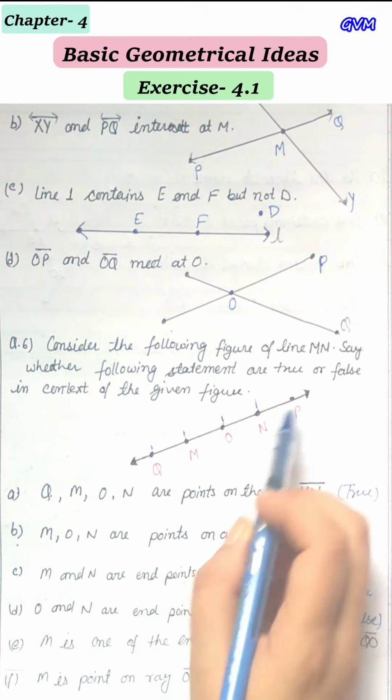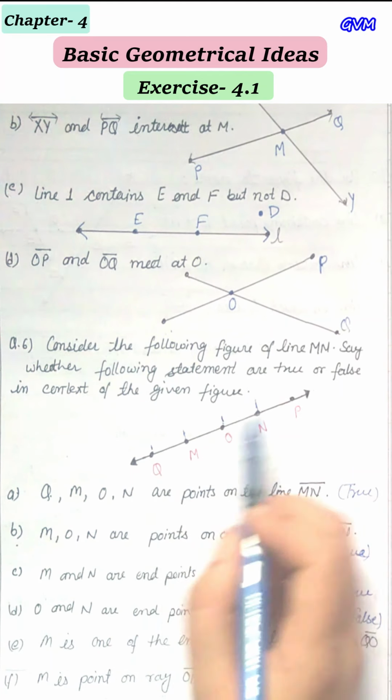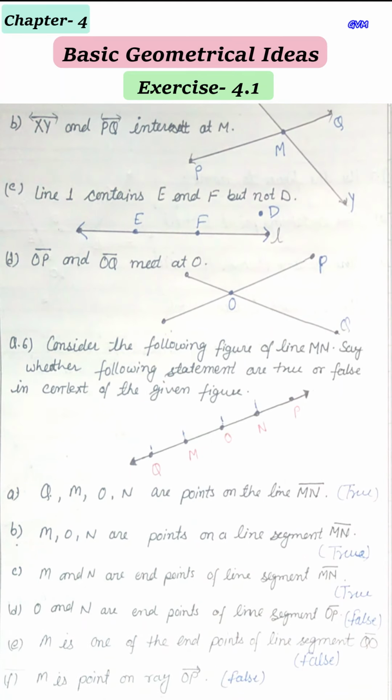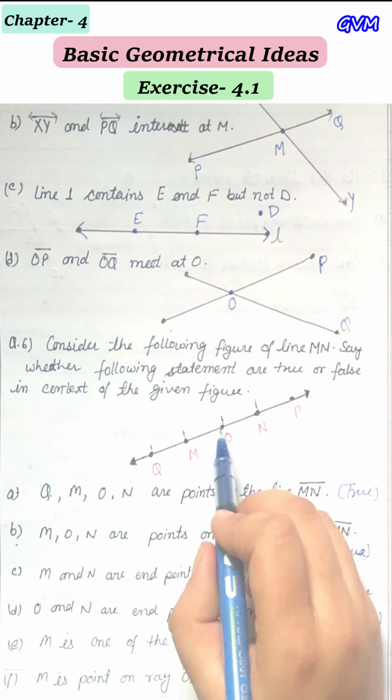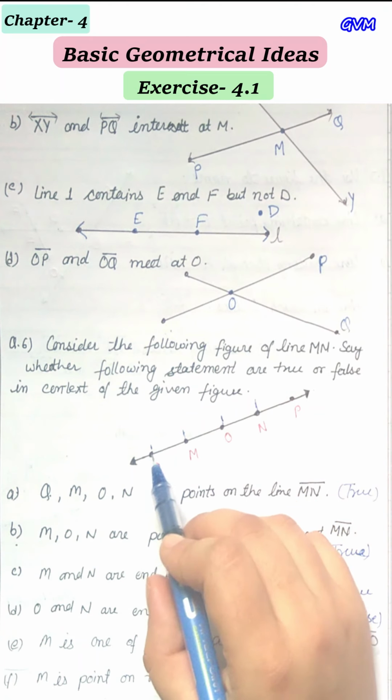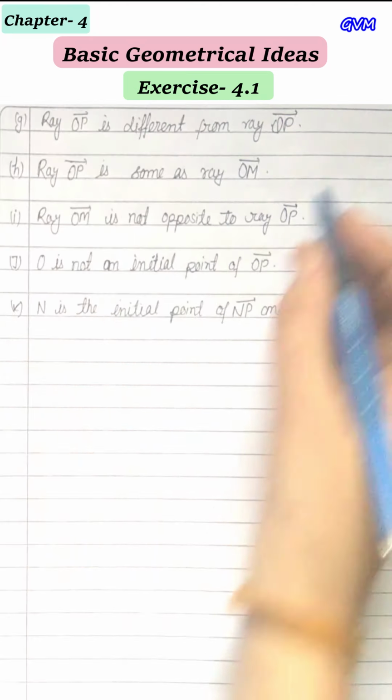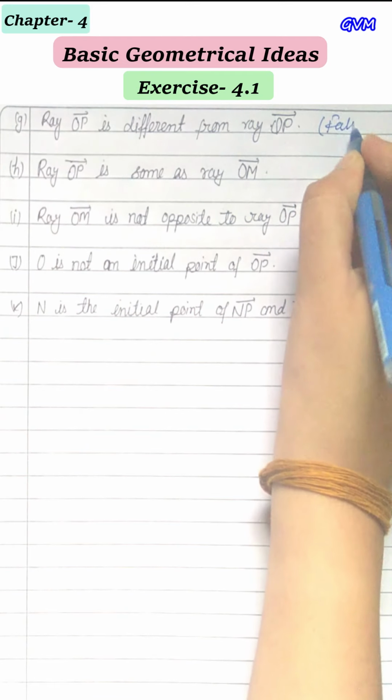Is this true or false? The origin of OP is O and the origin of QP is Q. So these are different rays. That means this statement is true.